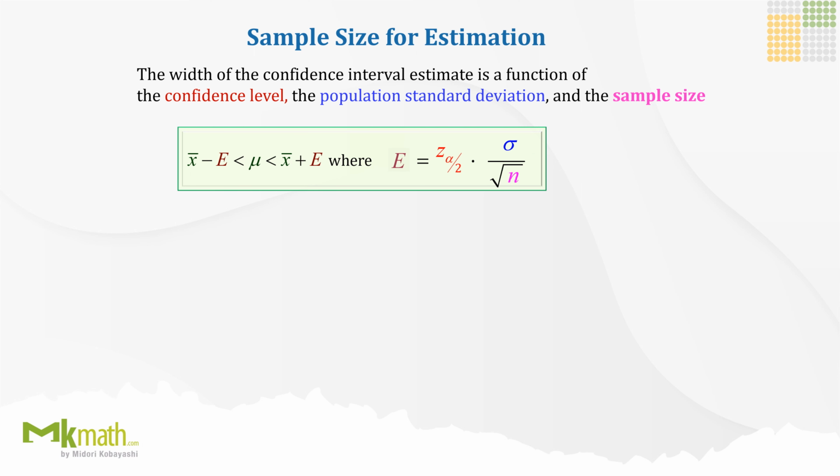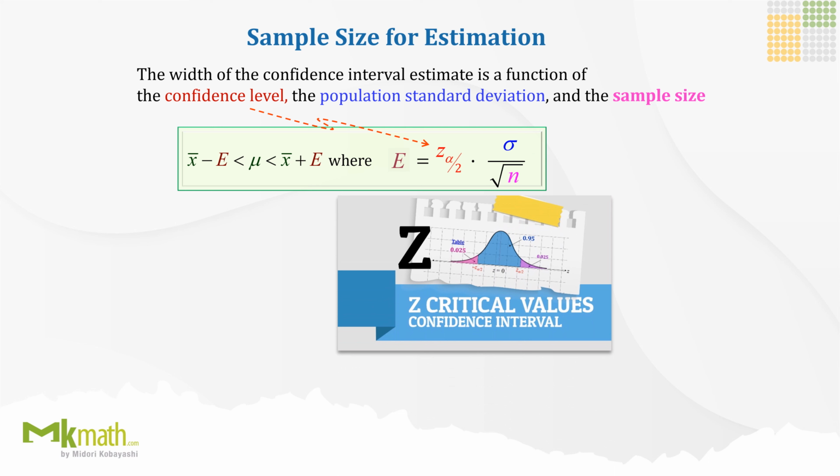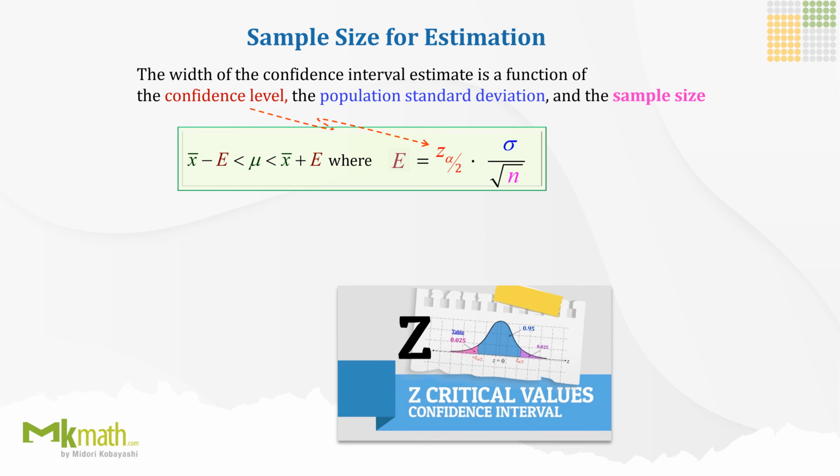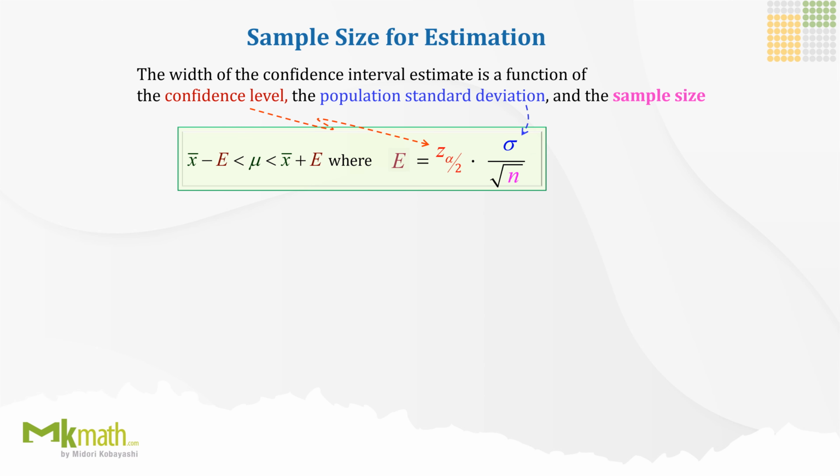The first function is the critical value, which is associated with the confidence level. Again, if you need a refresher on finding this critical value, please watch a separate video called Z Critical Values in Confidence Intervals. The second function is the population standard deviation, and the last one is the sample size. We'll focus on this sample size in this video.